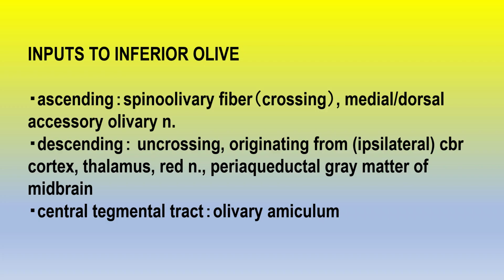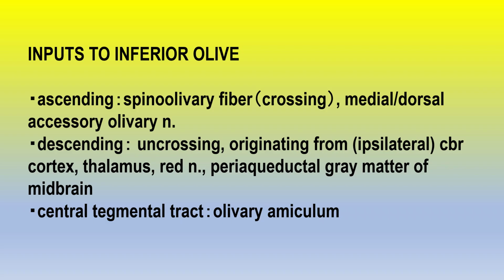The inferior olivocerebellar complex receives both ascending and descending inputs. The ascending input fibers are predominantly crossed. Traveling by the posterior columns as spinocerebellar fibers, they project mainly to the medial and dorsal accessory olivocerebellar nuclei.